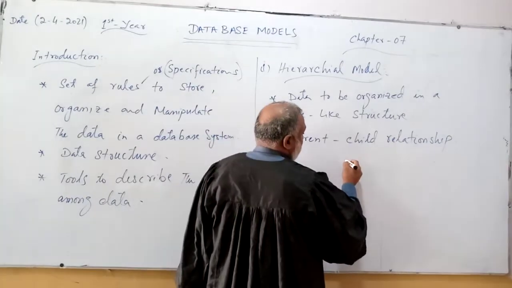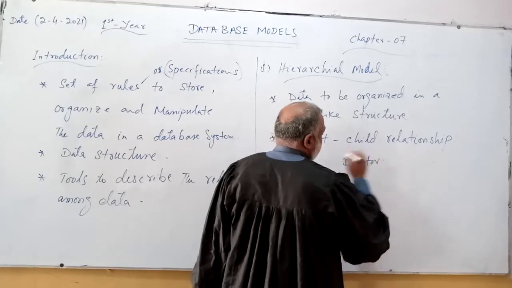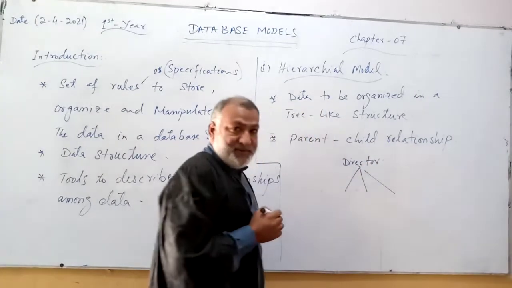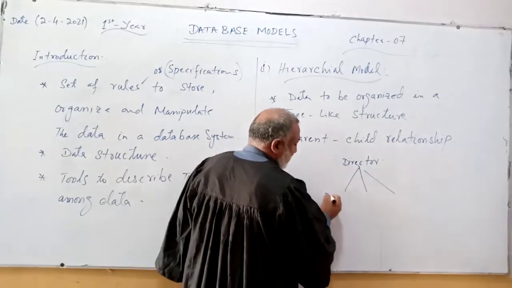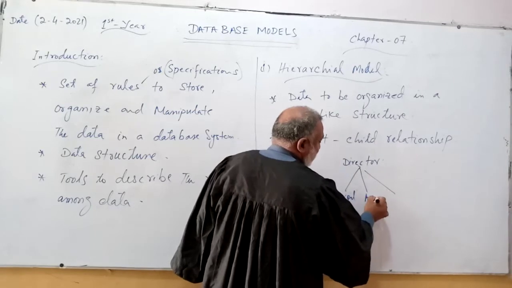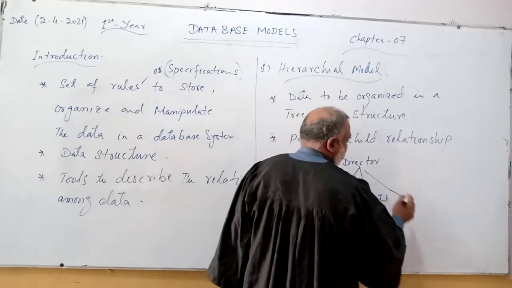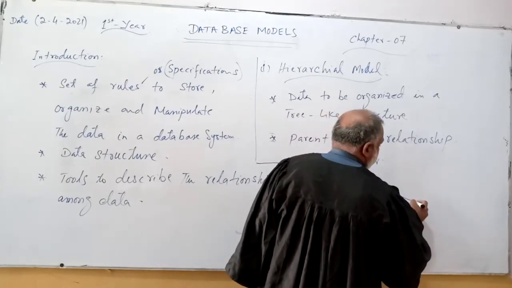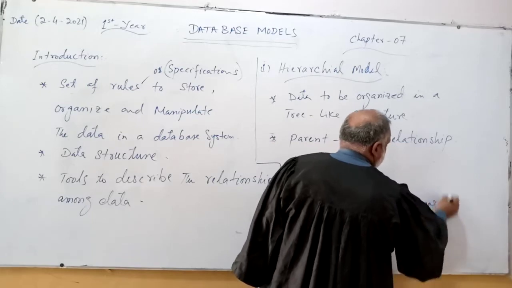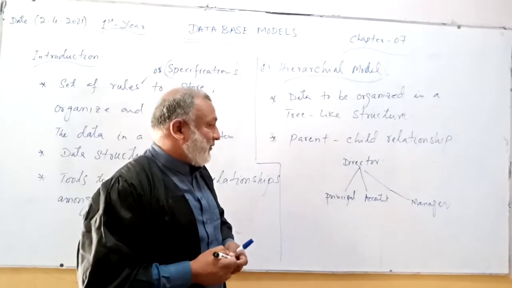For example, if I write director, and under the director, for example, the principal, accountant, and another manager, they are working directly under the direction of the director.